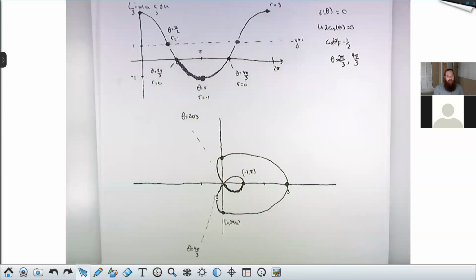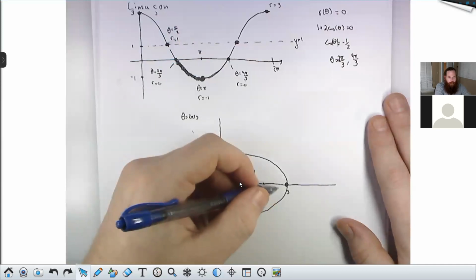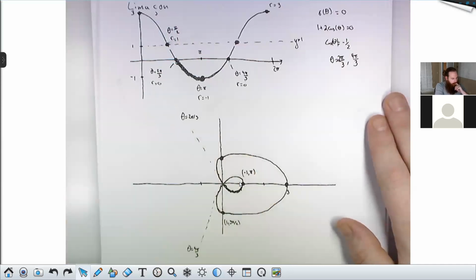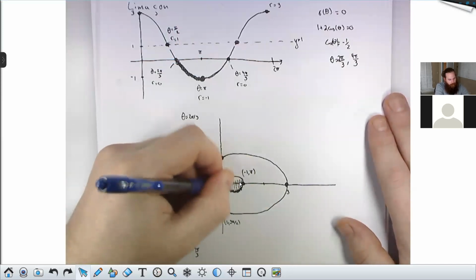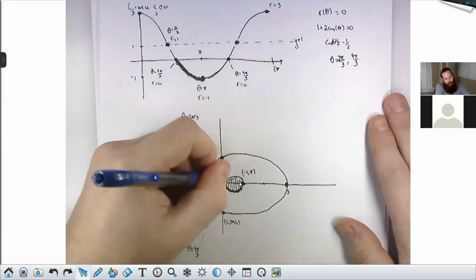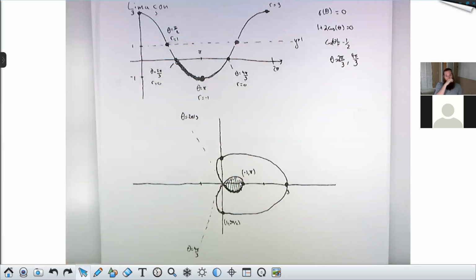And if I wanted to find some portion of area here, I'm going to have to be quite sneaky. If I wanted to find this area, it wouldn't be too bad because that corresponds to a part where r is positive, right? Specifically here. If I wanted to find the area of this inner loop, where r is negative, I need to know what are the theta values associated with that inner loop.